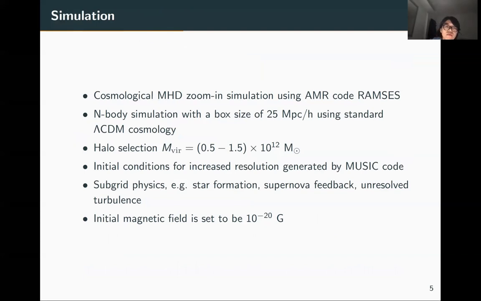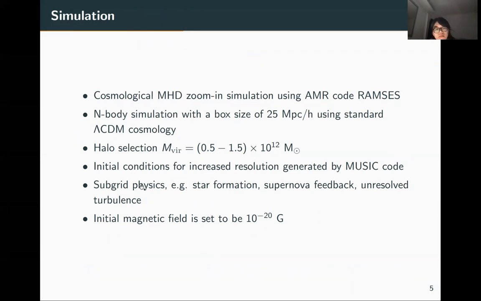In the simulation, we are running a cosmological MHD zoom-in simulation using the AMR code Ramses. So first, we have an N-body simulation with a huge box size using the standard Lambda CDM cosmology. And then we select Milky Way-like halos, and we generate initial conditions for increased resolution runs.